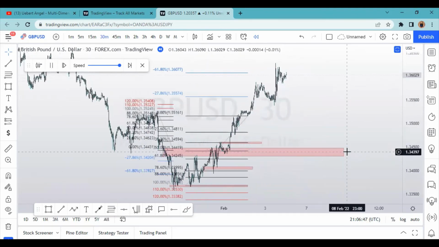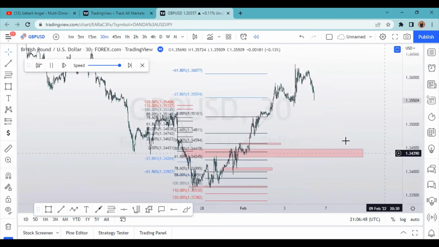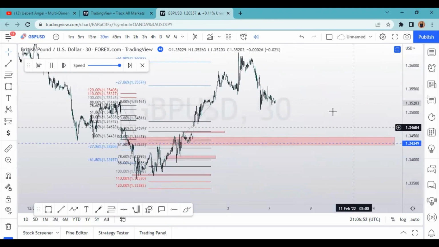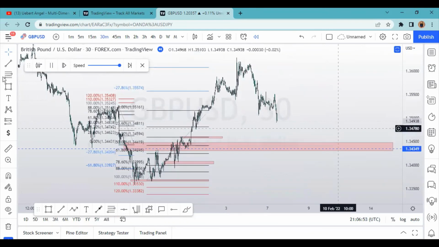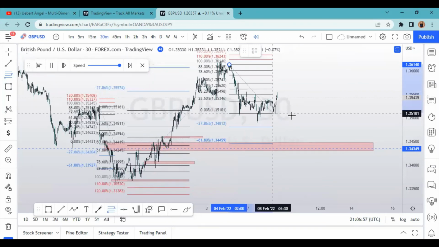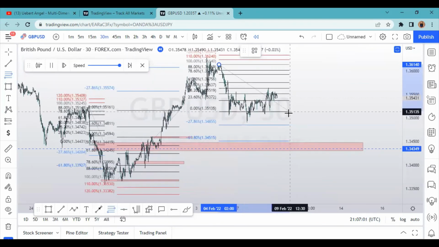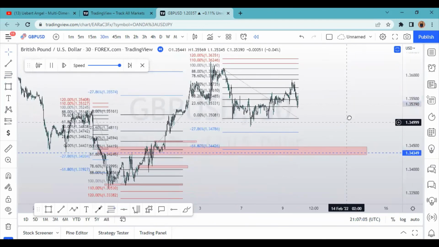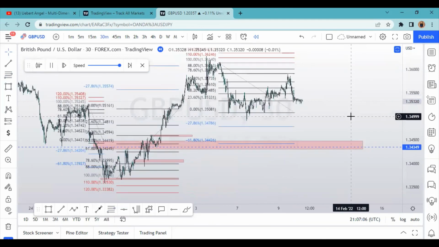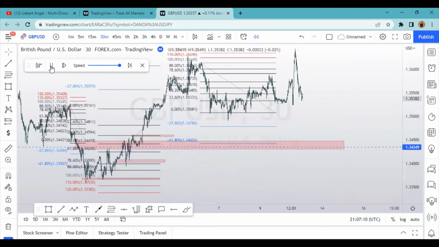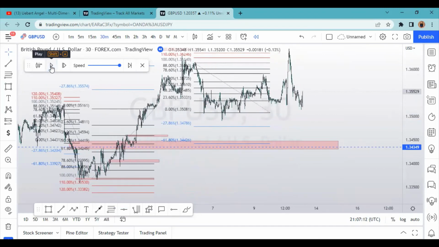You wait for a correction around here and see how price respects that zone. So this is with trading. If you don't see it, you don't trade it. You just leave it alone and go to another pair, right?